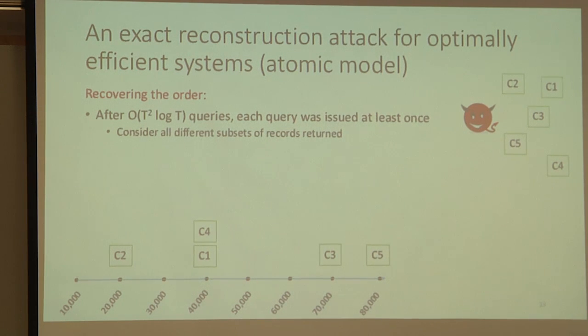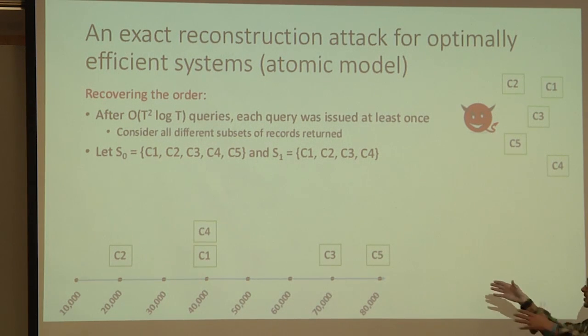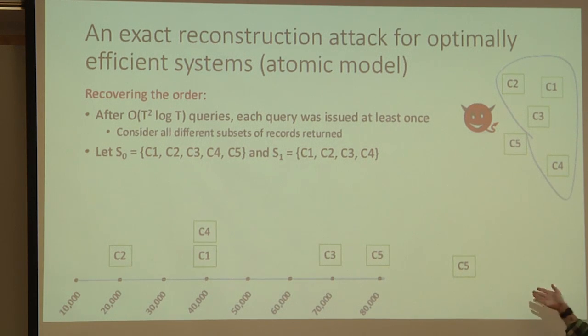By doing so, he will have different subsets of records. If we use the largest query, which includes all the records, he can tell how many records we have and their ciphertexts. And by using any other subset in which one record is missing, he can infer that, let's say, C5 must be either in the rightmost or the leftmost position, that it's on the side. So let's say he assumes that C5 is on the left.